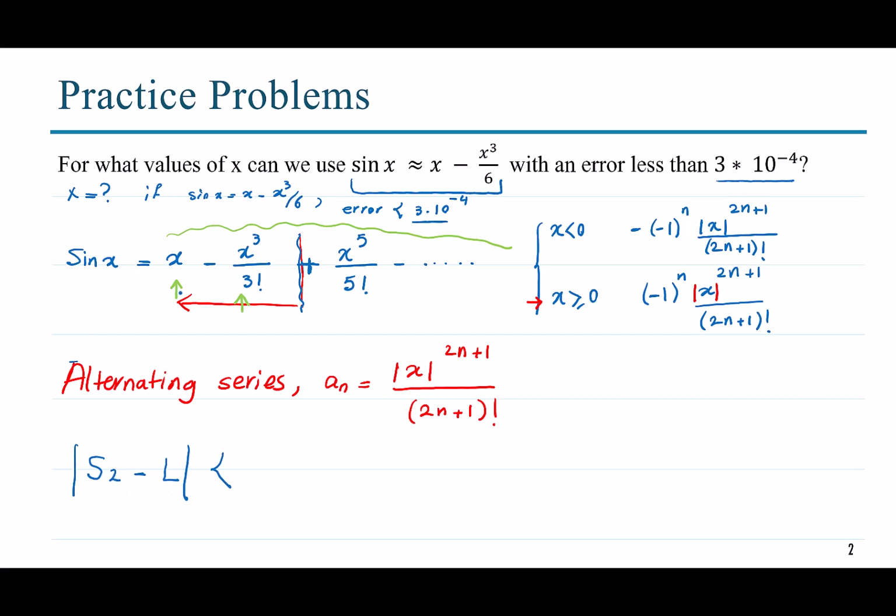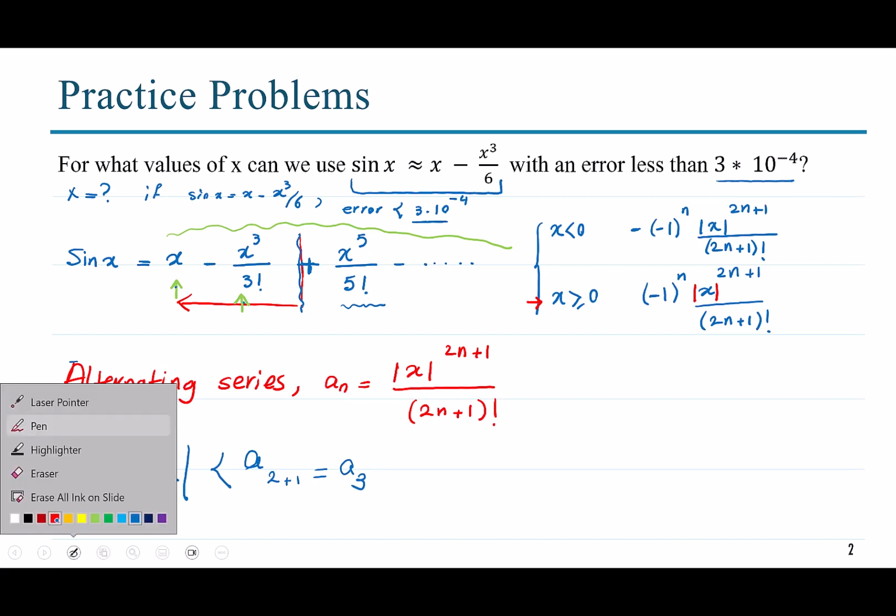So if I use these two terms, my error using these two terms is going to be less than the next term. So it's going to be less than a2 plus 1. I use two terms. The error is going to be less than a2 plus 1, which is a3.